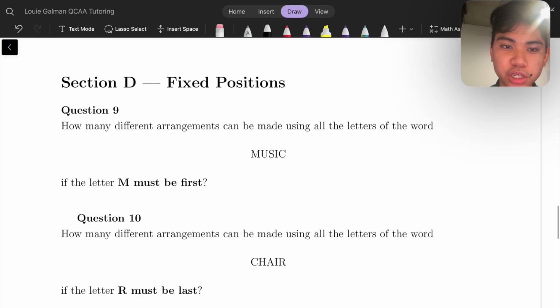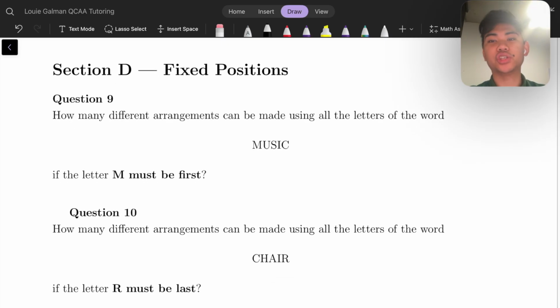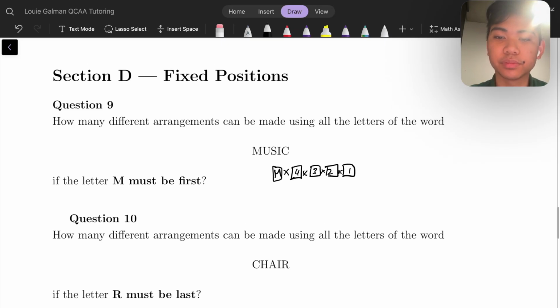Section D, fixed positions. How many different arrangements can be made using all the letters of the word MUSIC if the letter M must be first? Well, obviously, if M must be first, then let's just pretend we have our 5 boxes method for the 5 letters. If M is first, then we only have 4 factorial different arrangements for the rest of the letters. So that's using a bit of logic and also some common sense.